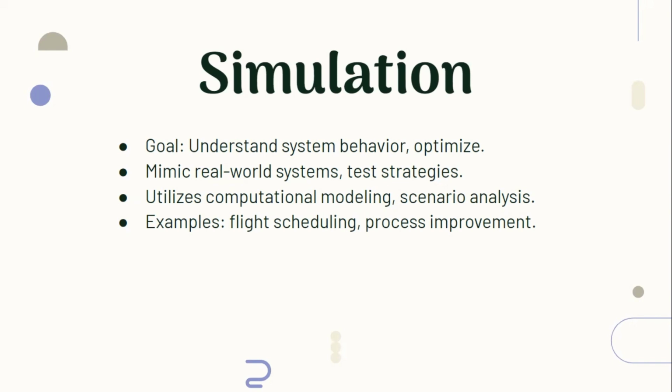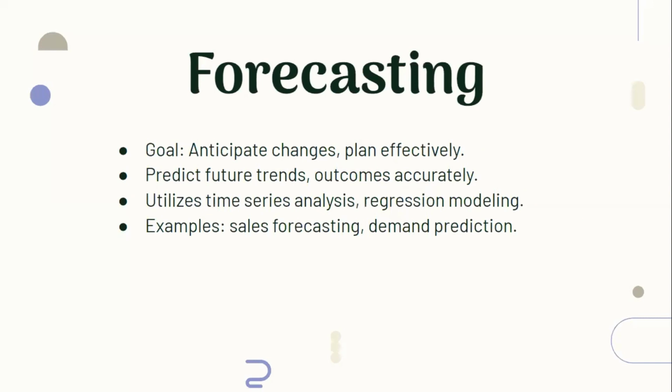Now we move on to the fourth objective of OR, which is known as forecasting. The goal of forecasting is to anticipate changes in your system, and when you do anticipate them, you plan effectively to counter those changes. Forecasting involves predicting future trends, events, or outcomes based on historical data.